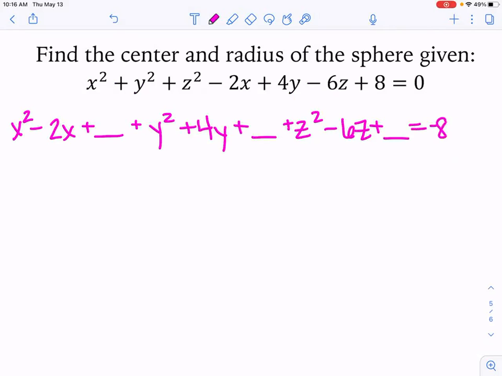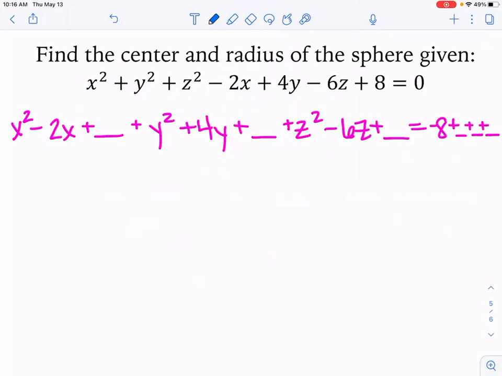And then I'm going to subtract that 8 over, and we're going to have to add those same 3 numbers to the right side that we're adding to the left side. Now, like I said, luckily we've done this in the past couple weeks, so it shouldn't be too terrible.